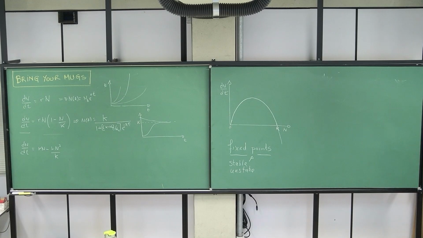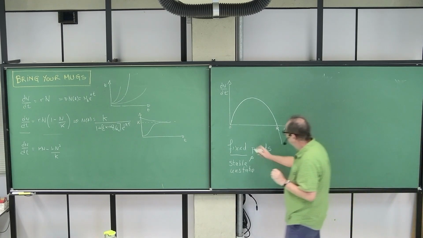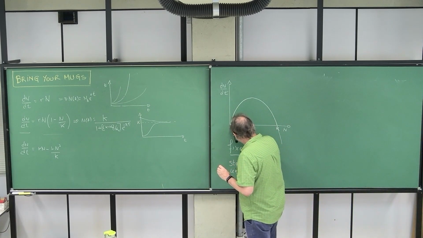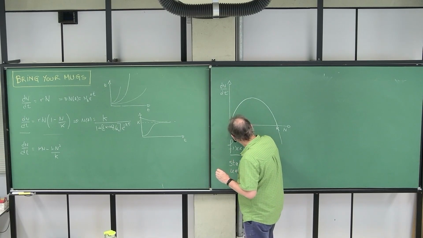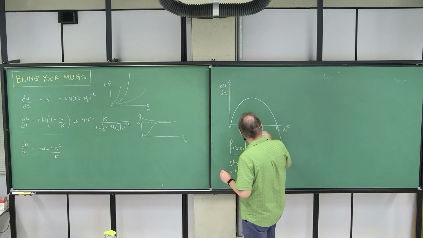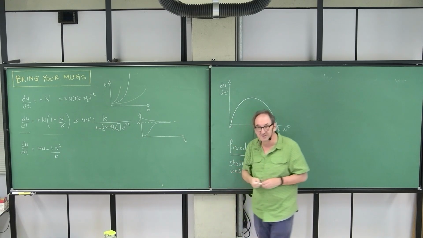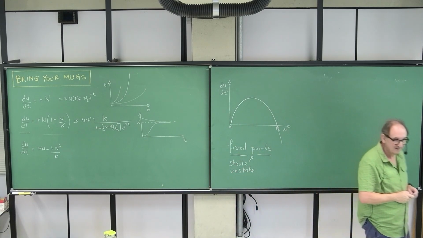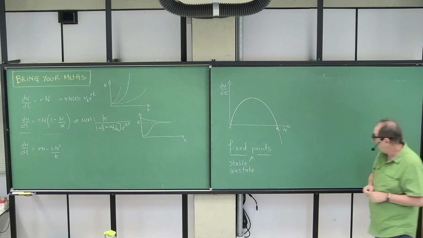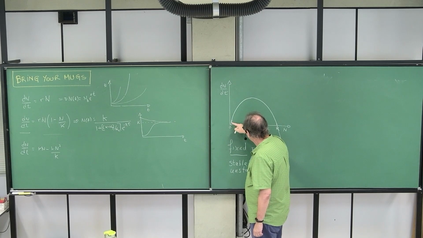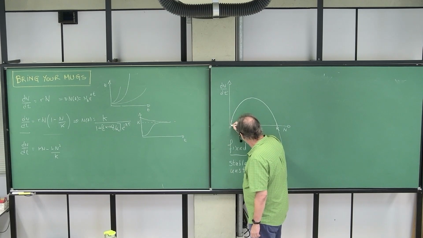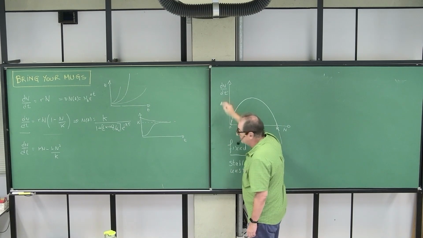So, say instead of being here at 0, I introduce a small population here, just near the 0. Then I look at this point, and I see that for any value here, dn dt is positive.